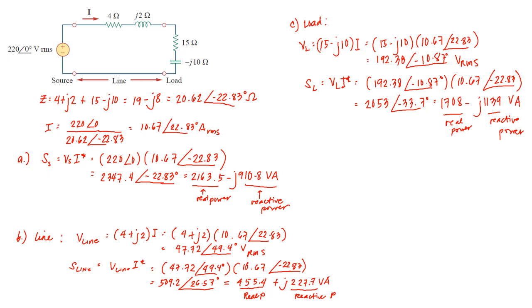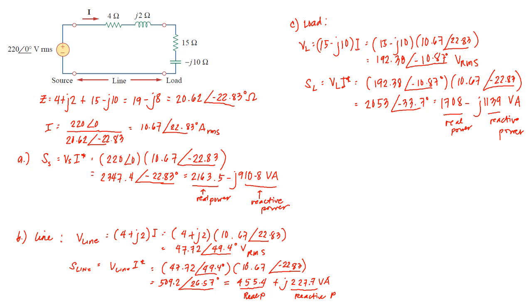So for letter A, for the source, the complex power S sub S is equal to Vs times the conjugate of I. So this will be equal to 220 angle 0 times 10.67 angle negative 22.83.